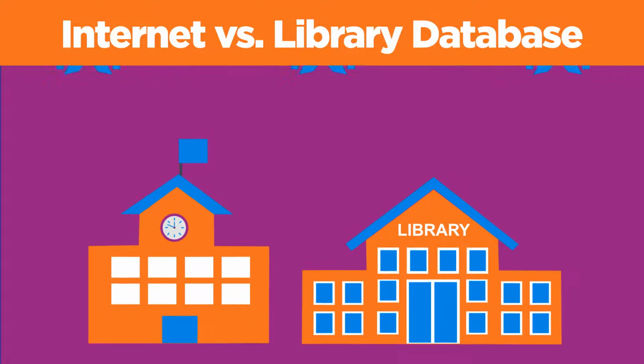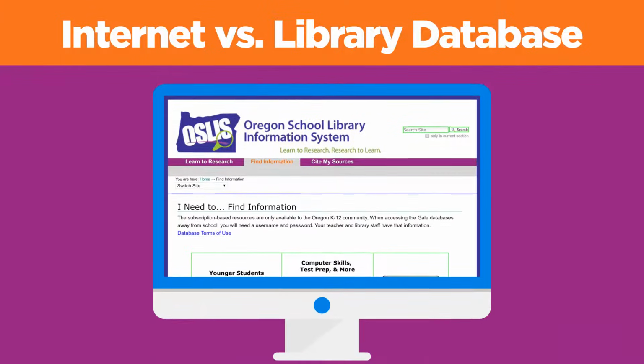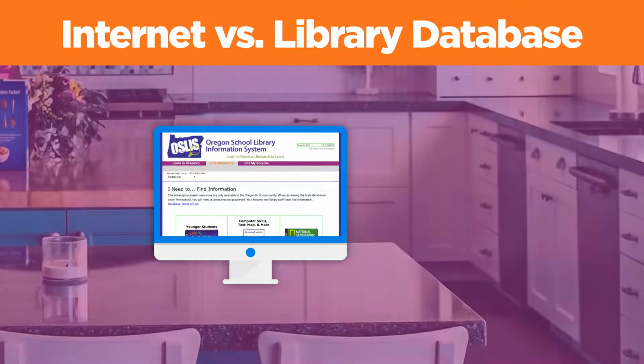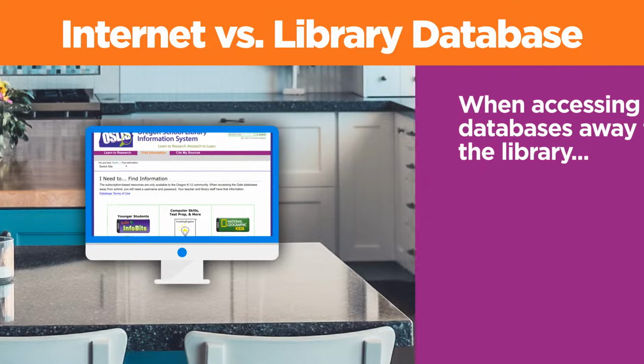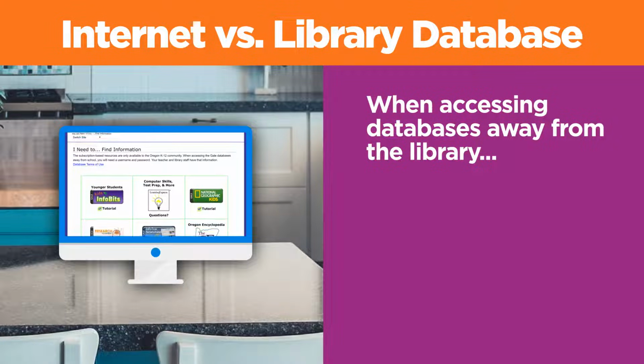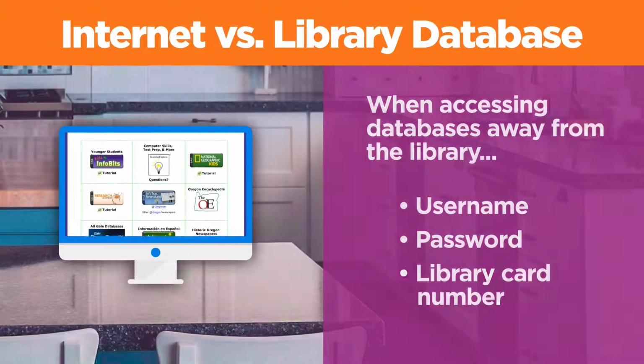School and public libraries pay for these databases and allow you to use them for free. You access them through your library's website, and this means that you do not always have to be in the library to do research. If you access databases when you're away from the library, you will usually need to log in with your school's username and password or your library card number.